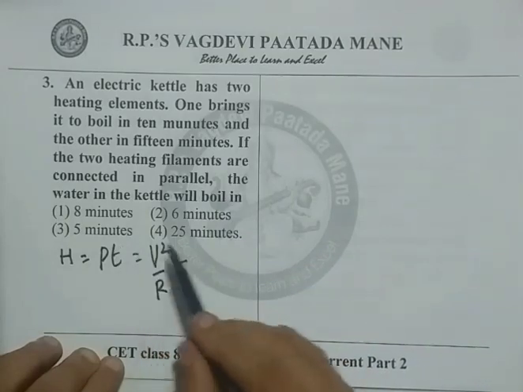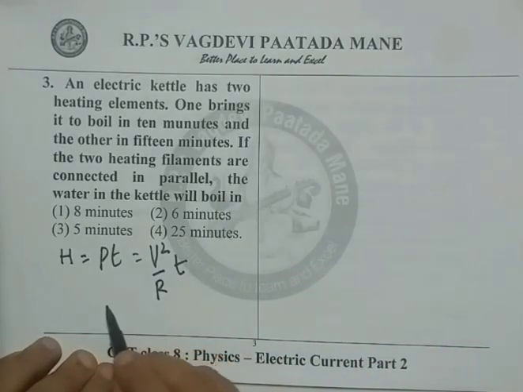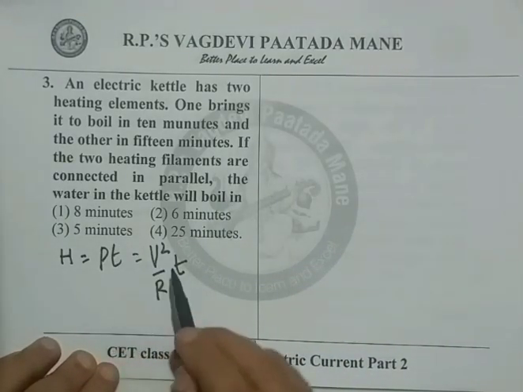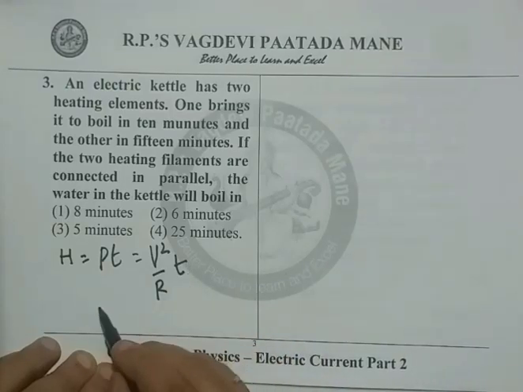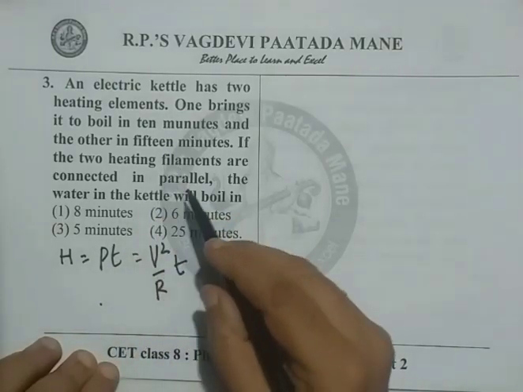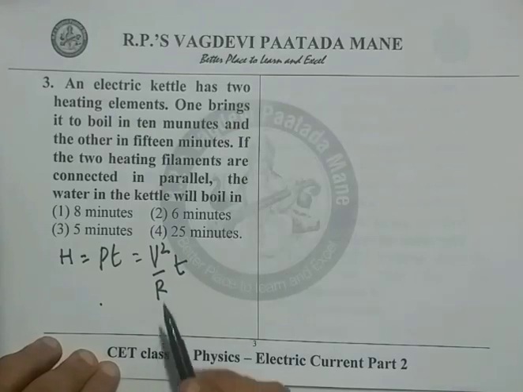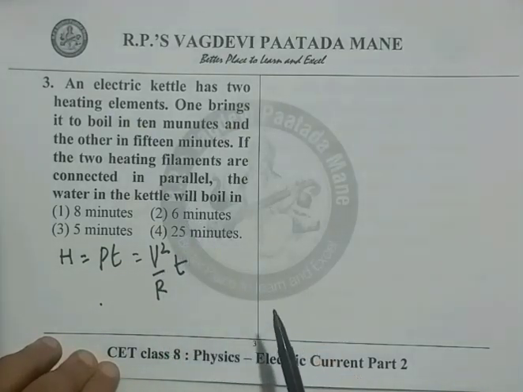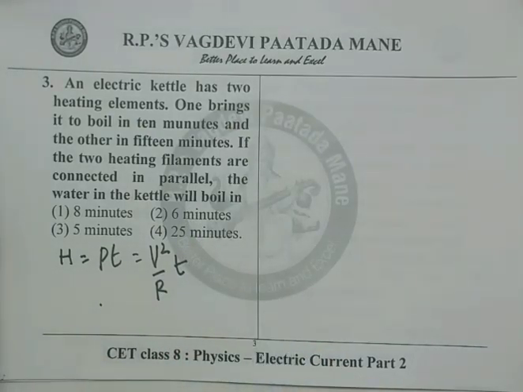Now, as we can see here, V is constant, as the same amount of water is heated.